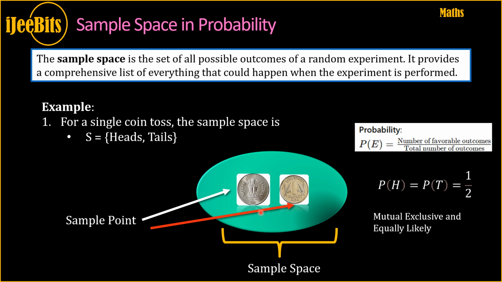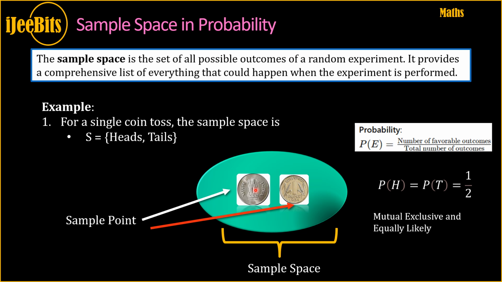Now, how do you calculate a probability? In the total outcomes in a sample space, when you consider a single coin toss, we have two outcomes. The maximum possible outcomes are head and tail.